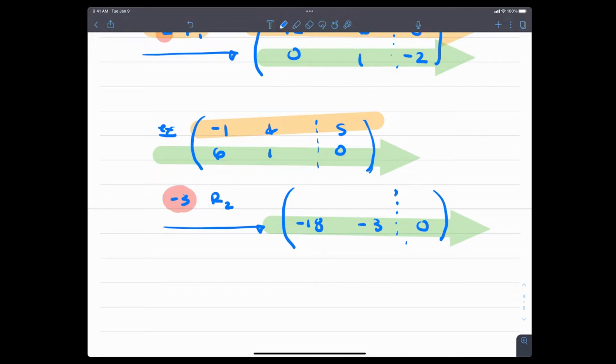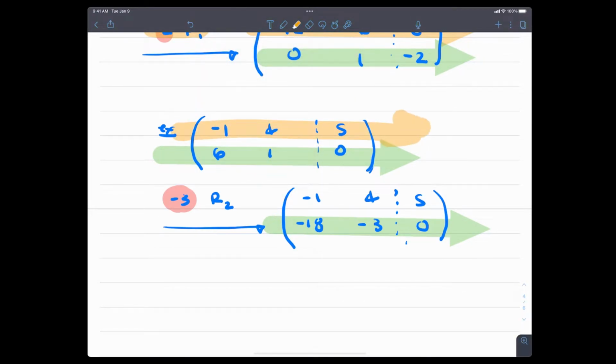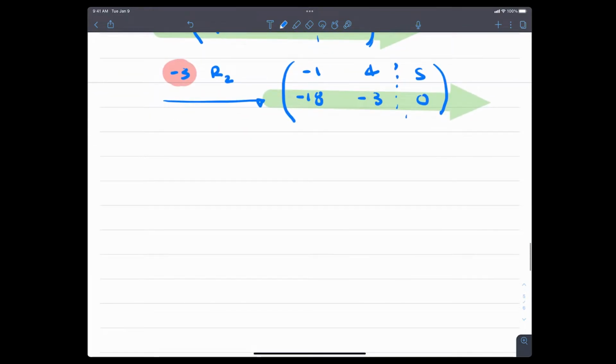So this will be negative 1, 4, and 5. So we can do these elementary row operations here. Okay, let me try to draw an arrow if I can. I guess it doesn't want me to draw an arrow. There we go. Whatever.